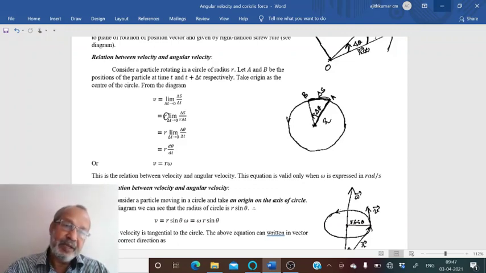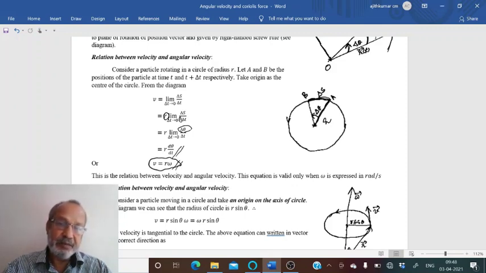Now we multiply and divide the equation by r, and delta s by r is arc divided by radius, which is equal to delta theta. Delta theta by delta t in the limit delta t tending to 0 is d theta by dt, the angular velocity. So v equals r omega. That is the scalar relationship between velocity and angular velocity.